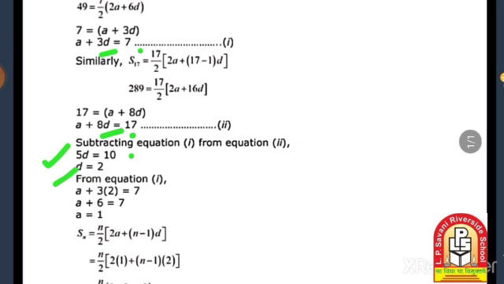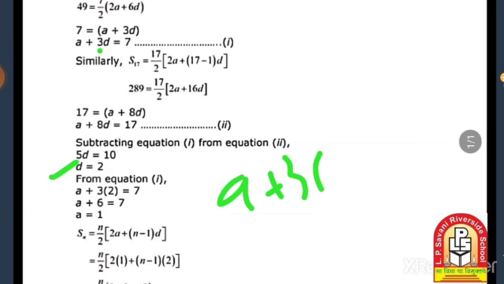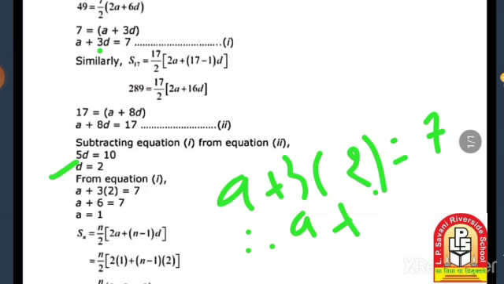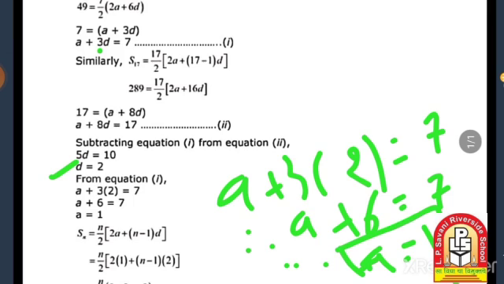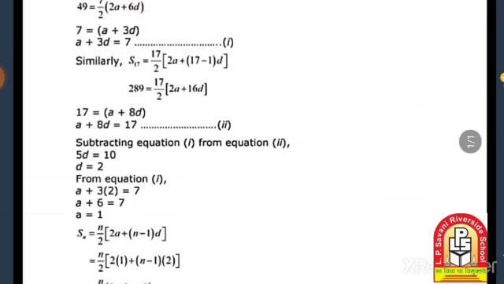So here you can see that d is equal to 2. Now put the value of d in this equation: a plus 3 into 2, that is 6, is equal to 7. So a plus 6 is equal to 7, so a is equal to 1. Okay, in this way you can find the values: d is equal to 2, a is equal to 1.